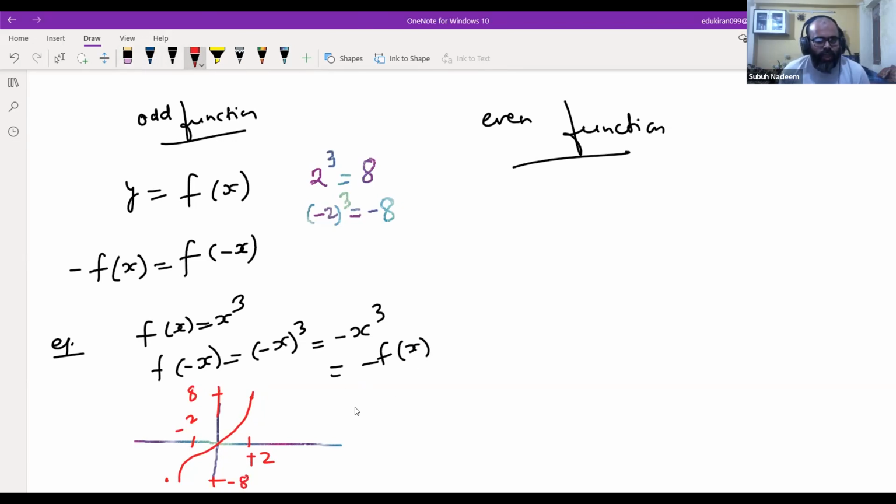So this is a graph of an odd function, and it is symmetrical about the origin. If I draw it more clearly here, it would be something like this. So it is symmetrical about the origin.